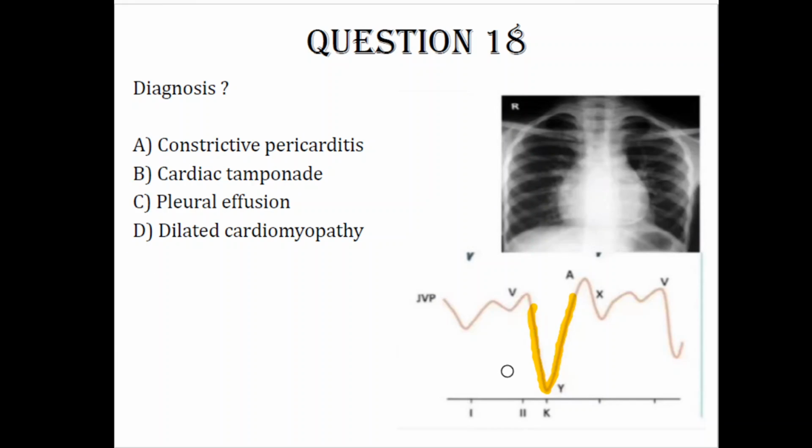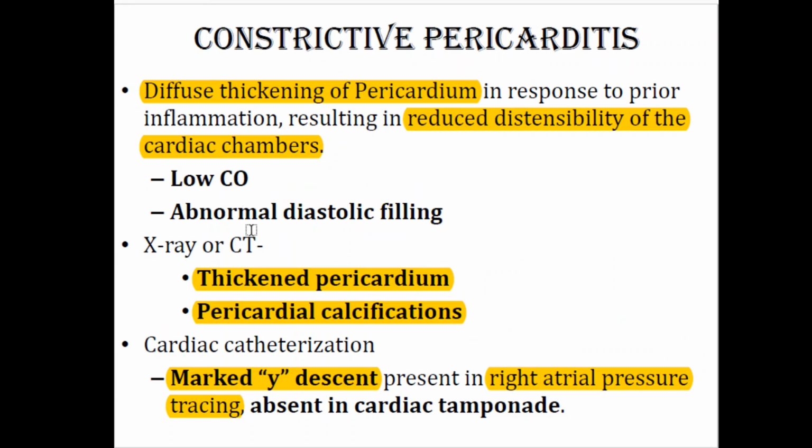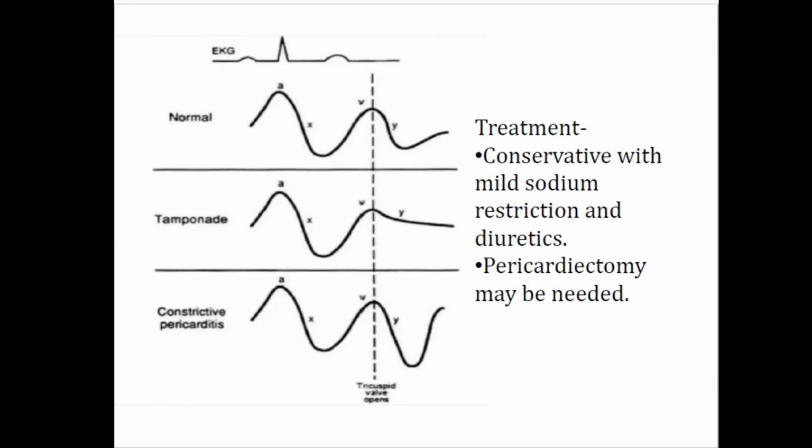This marked Y descent is seen only in constrictive pericarditis and it is not seen in cardiac tamponade. So let's look here. Here is the cardiac tamponade. You don't see any Y descent, but in constrictive pericarditis there is a significant Y descent, and that's why the answer of this question will be constrictive pericarditis.